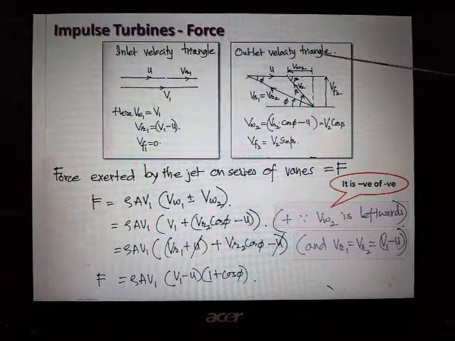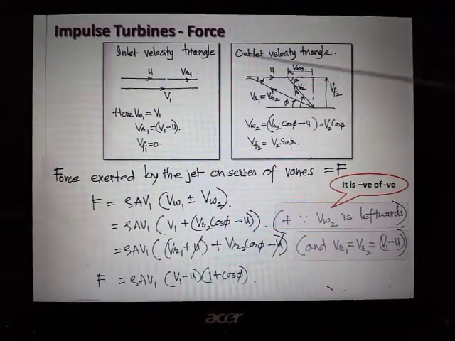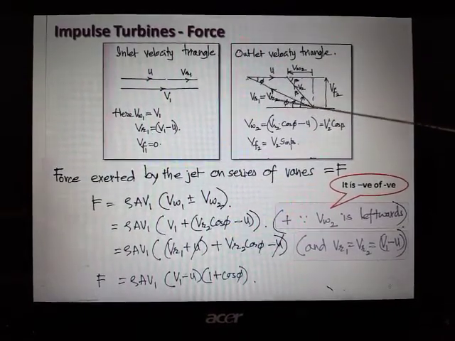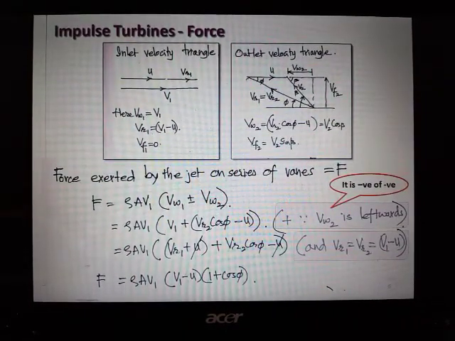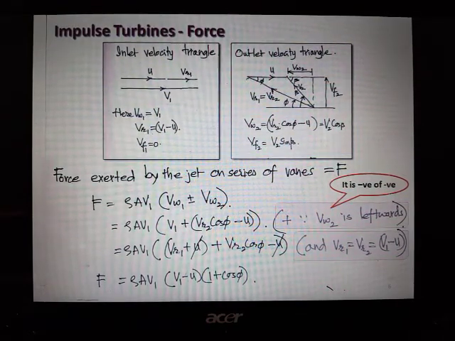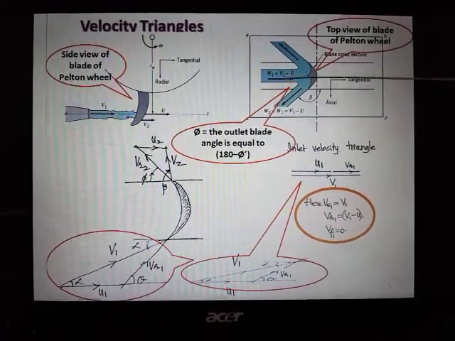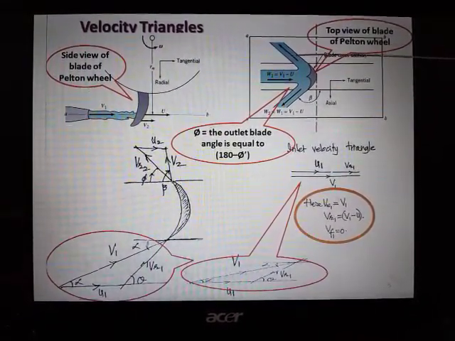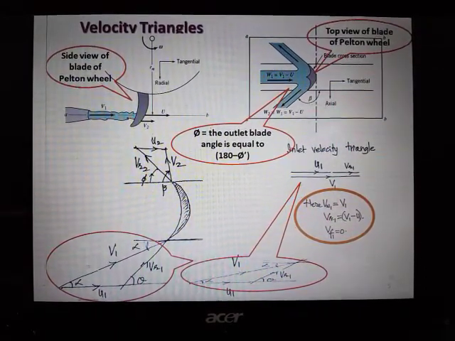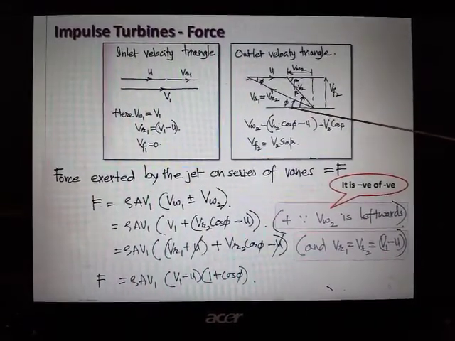Now the outlet velocity triangle: this jet which is going out has got an angle of phi. vr2 is equal to vr1, equal to v1 minus u. So here it is, the relative velocity v1 minus u, it goes out, this angle is phi. So this jet relative velocity vr2 is shown over here, vr2 at an angle of phi.